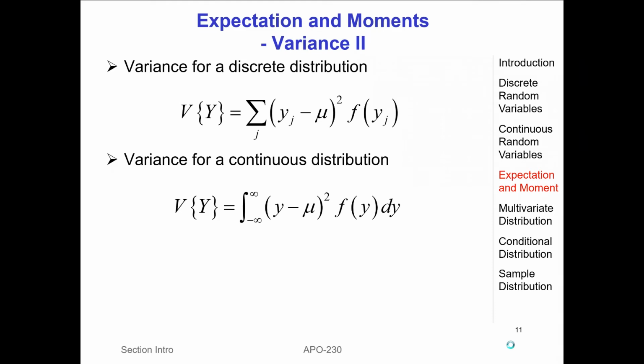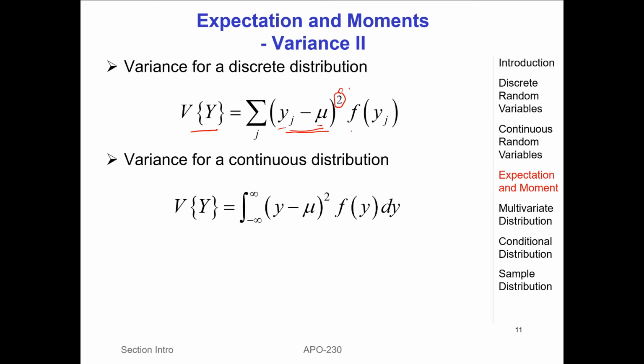Then to put it in the formal mathematical notation of the variance. Here the variance of y in the discrete case, like said before, is the weighted average of all the squared distances of every possible outcome from the mean. So this is the distance from the mean of every possible outcome.